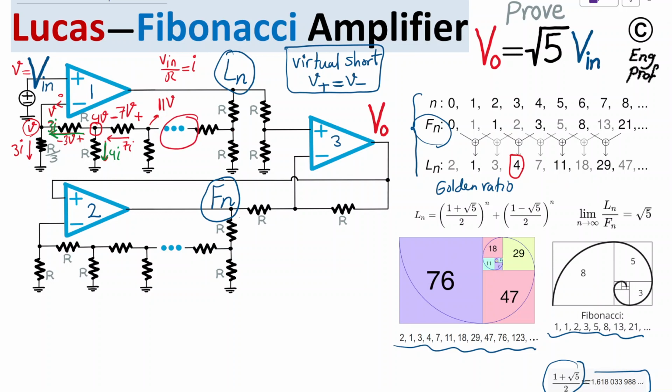And with the infinite resistive network, we realize basically at this node, L_n, of course, the limit of L_n when n goes to infinity. So let me just write it here. So at this node, what we are realizing is the limit of L_n, or Lucas number index n, when the index goes to infinity.